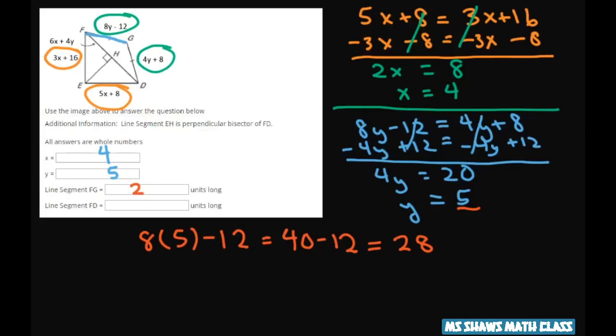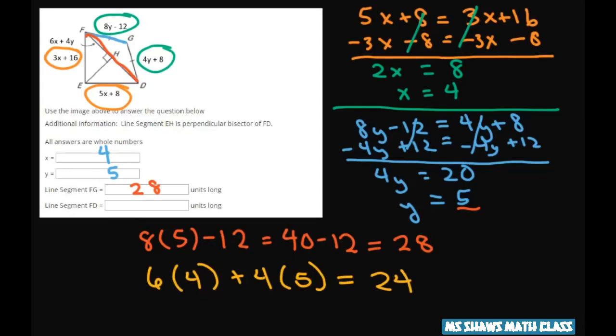So that's 28. And then FD, where's FD? This whole length here. We're going to plug in our x and our y, or substitute it. So that's 24 plus 20, which equals 44.